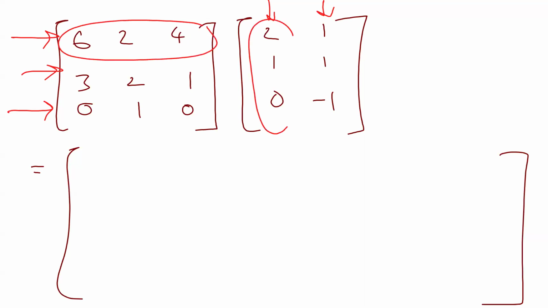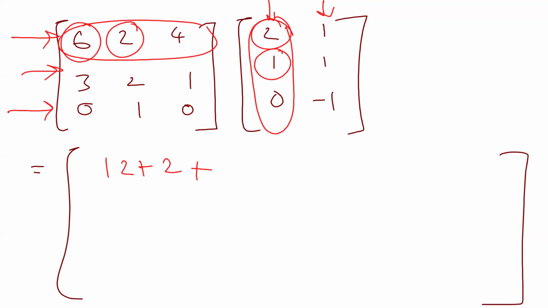First row, first column. 6 into 2, 12. Plus, the row is not over, the column is not over. 2 into 1, 2. Plus, the row is not over, the column is not over. 4 into 0, 0.